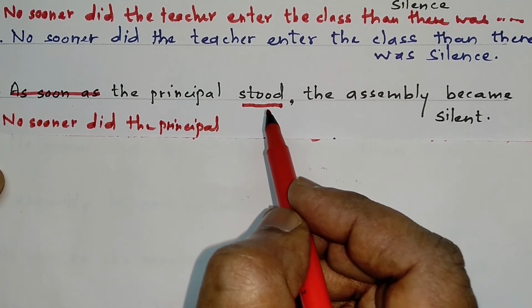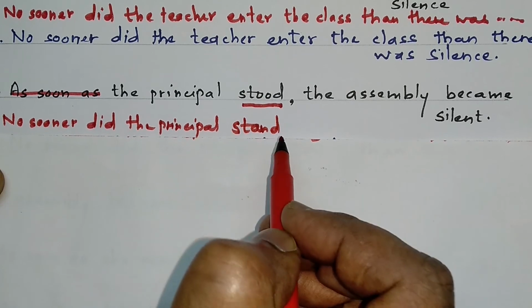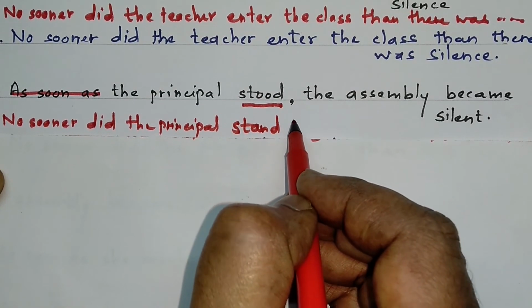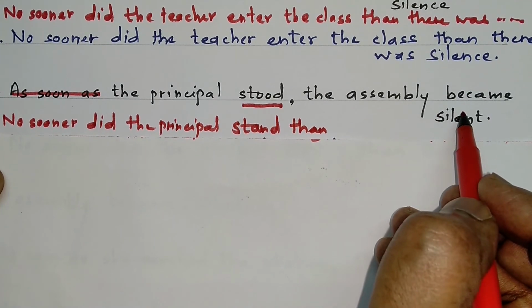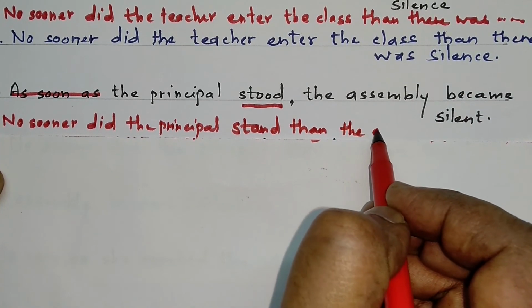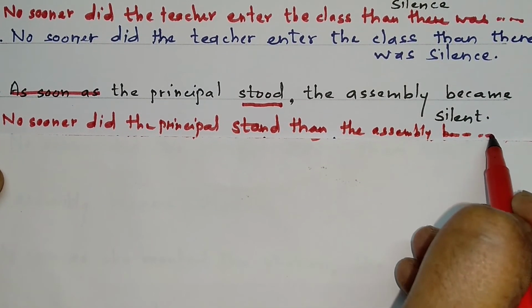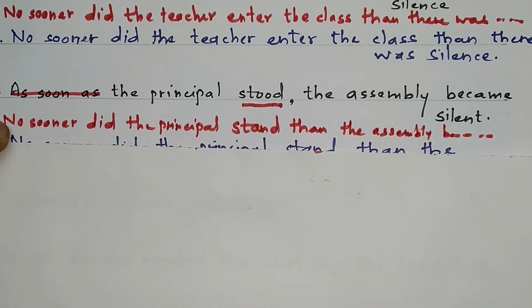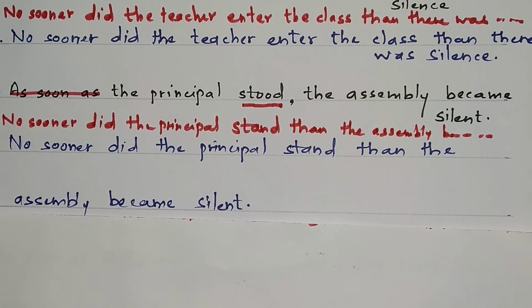The base verb of stood is stand. So we will use stand. Replace comma with than. The remaining part, that is the assembly became silent, we will copy the same as usual. So the answer is no sooner did the principal stand than the assembly became silent.